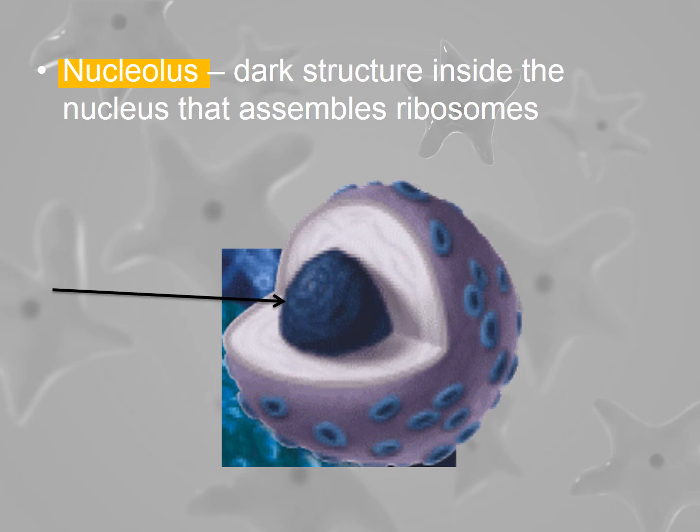So they're kind of all working together for that similar function. If you were to try and use the factory analogy again, maybe the nucleolus is like your human resources department. It's going to hire the workers, or the ribosomes in a cell, and then those ribosomes can go do the work.